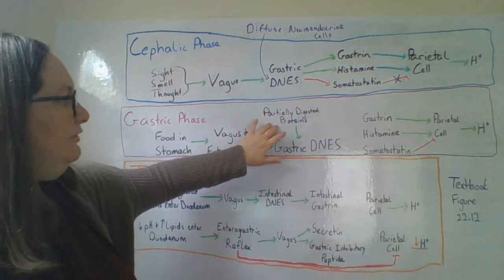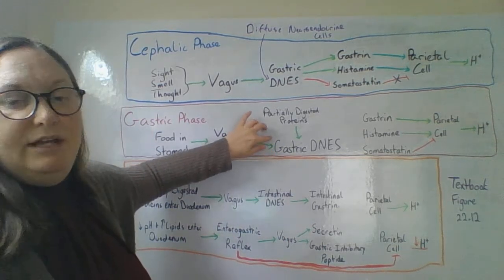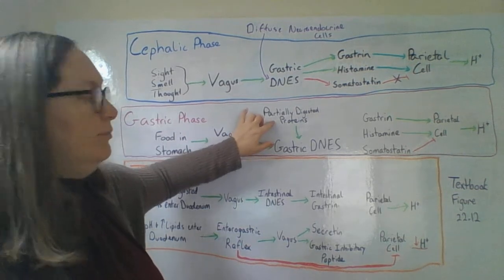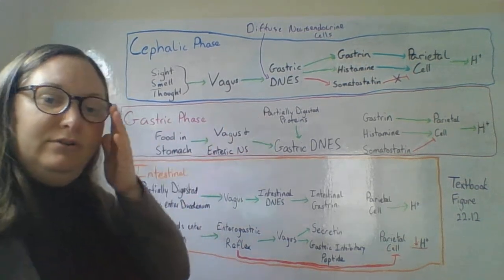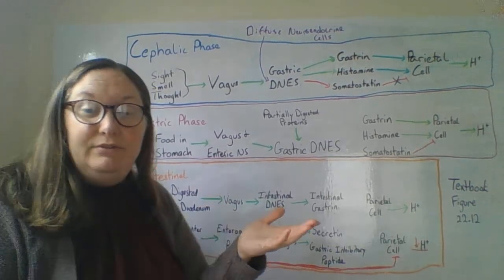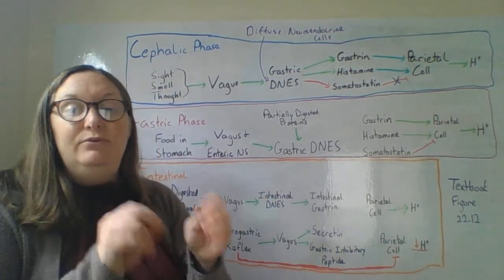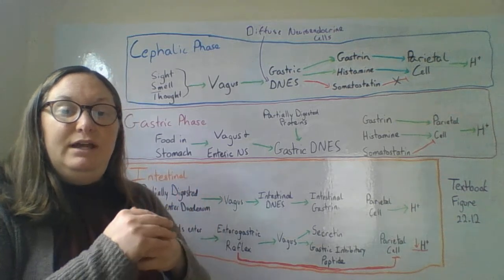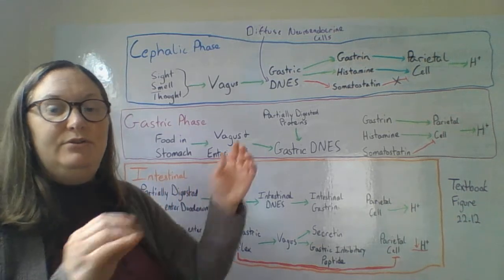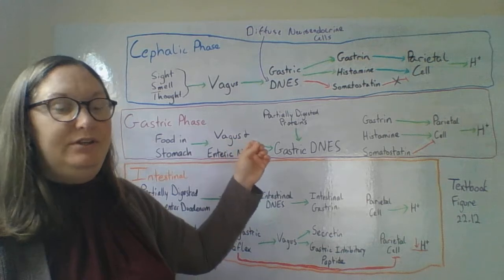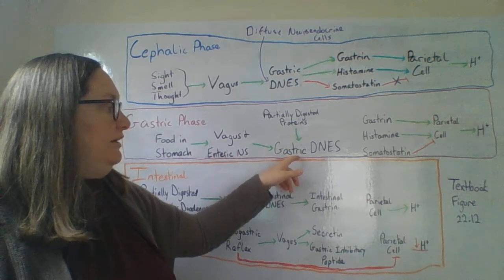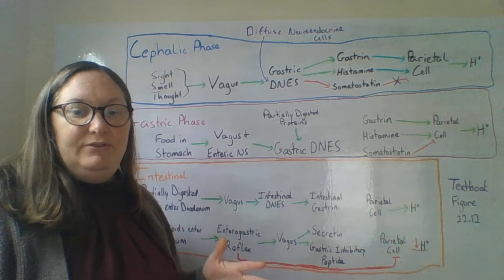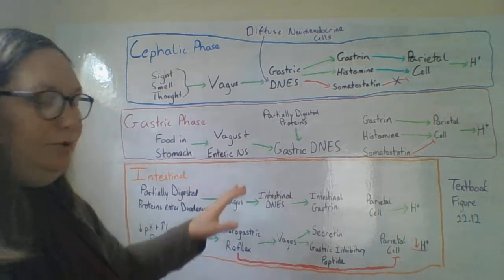What is this? Another way to activate the gastric diffuse neuroendocrine cells is to have partially digested proteins. That's really interesting, right? Because now you actually have food in the stomach. The stomach can be digesting them, and as it's digesting them, those proteins that are getting digested are activating this, saying, yeah, digest some more. Does that make sense? We'll talk some more about it.